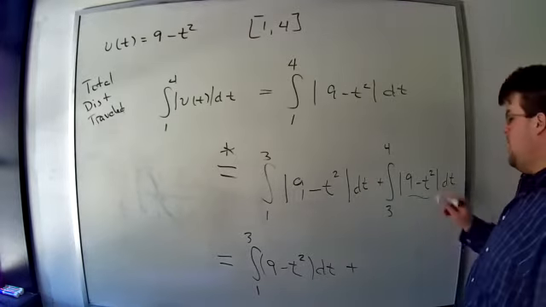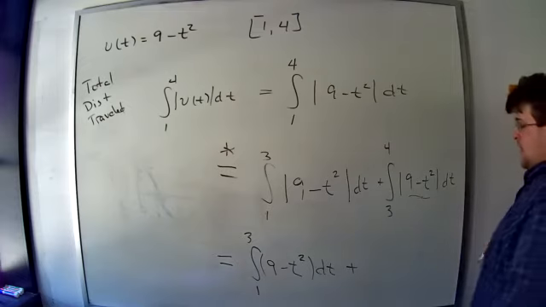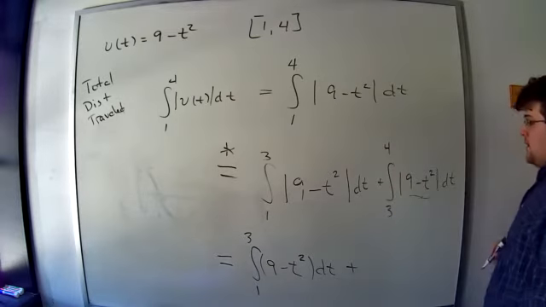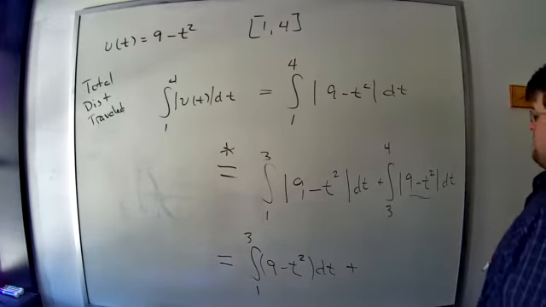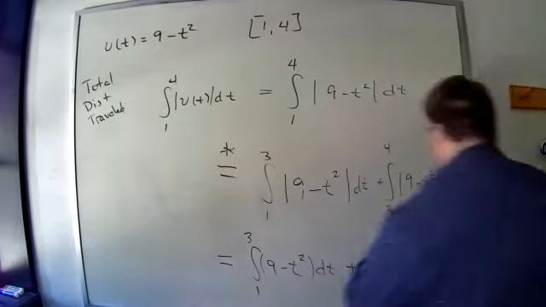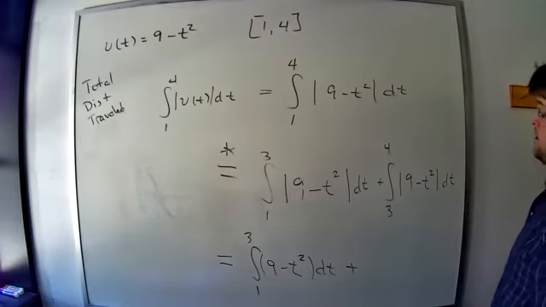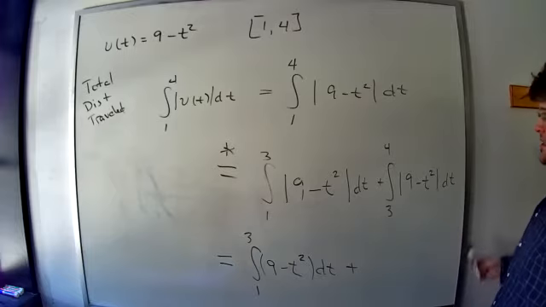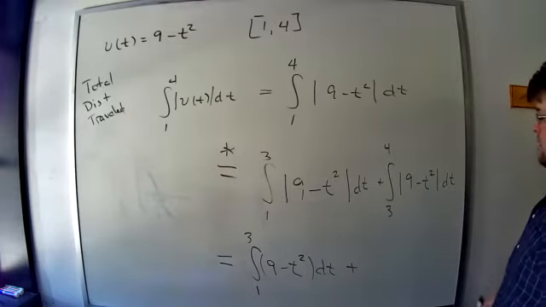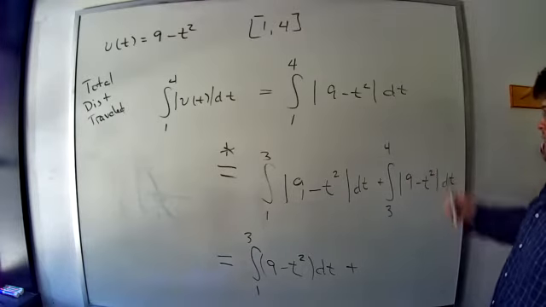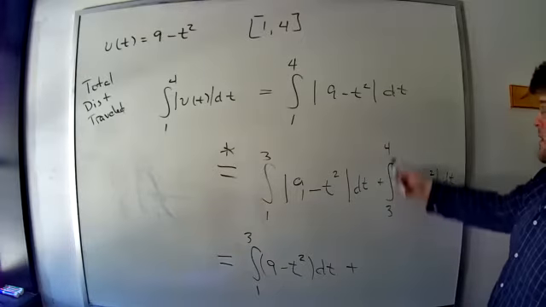Okay, and how about over here? Well, take a number between 3 and 4, say, I don't know, 3.5. Substitute it in for 9 minus t squared. Well, 3 squared is 9. 3.5 squared is more than 9. So we have here 9 minus something a little more than 9, which makes the inside of the absolute value negative on this interval.